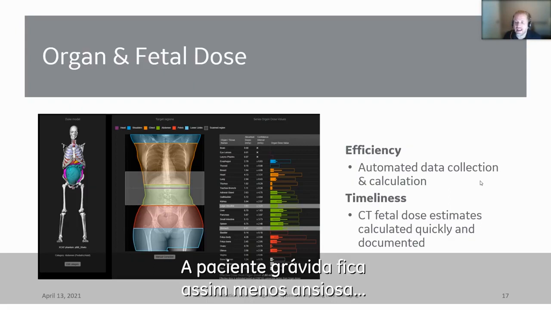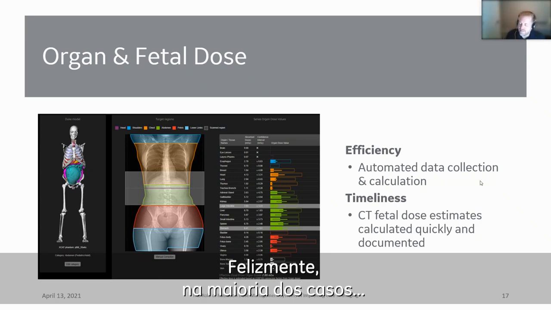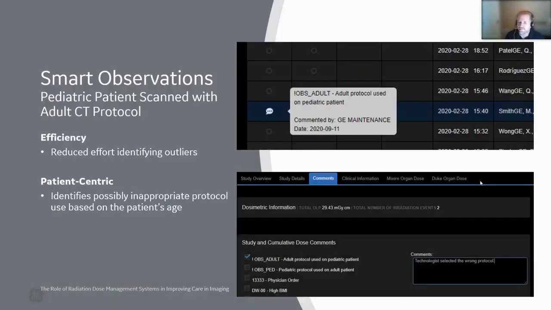So there's less angst by the pregnant patient, wondering about what the radiation exposure that was just received means for that child. But fortunately, in the vast majority of cases, it doesn't have any impact on the course of care for that patient or for the fetus.